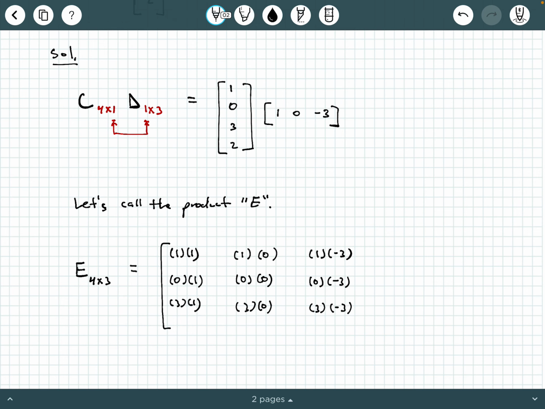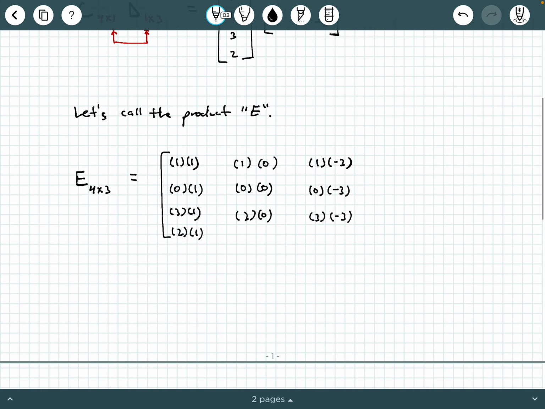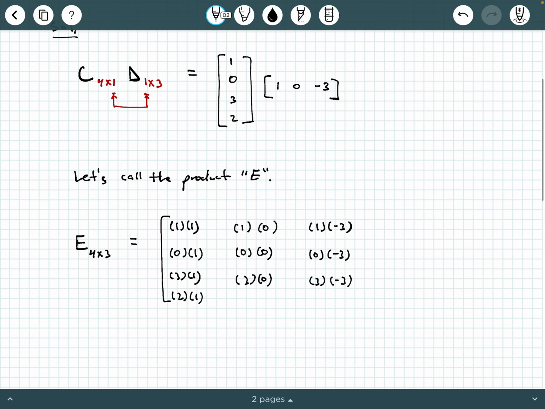And then the last one, row 4 by column 1, so 2 by 1. Row 4 by column 2 is 2 by 0. And then row 4 by column 3 is 2 by negative 3.